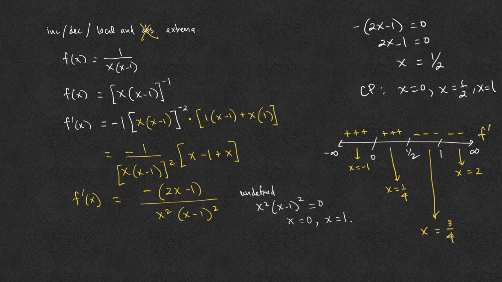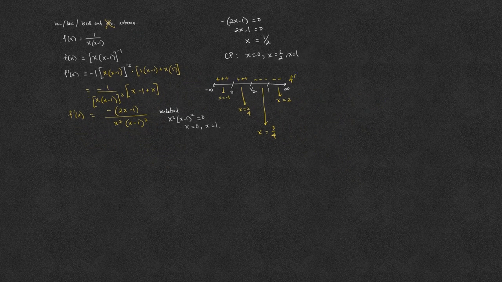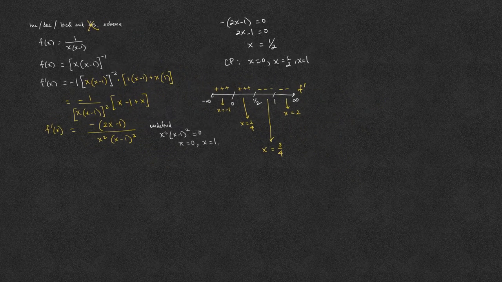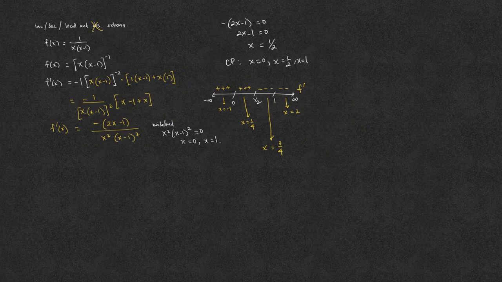Before we write the intervals where the function is increasing or decreasing, we see that f of x is a rational function and the denominator is 0 when x is 0 or when x equals 1. So we need to take out those two values.